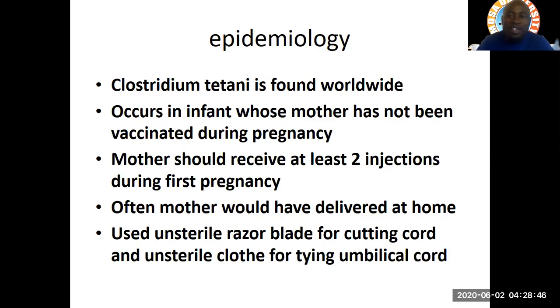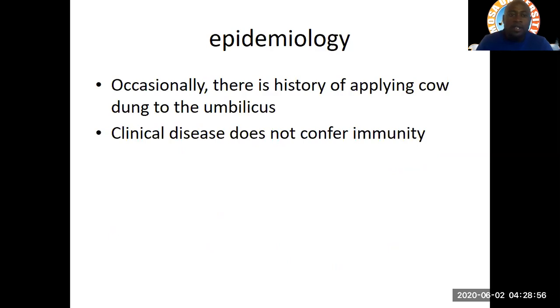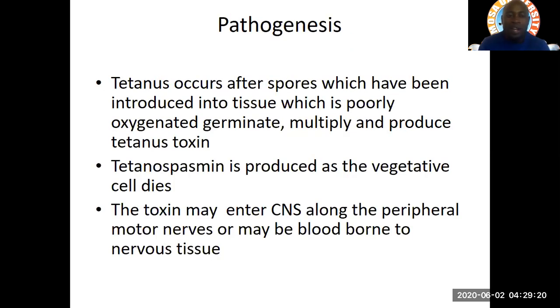Mothers who deliver at home put their infants at high risk of tetanus. Also, some mothers apply feces on the umbilical cord because of myths that it helps the cord heal very fast. Those infants are also predisposed to developing tetanus.